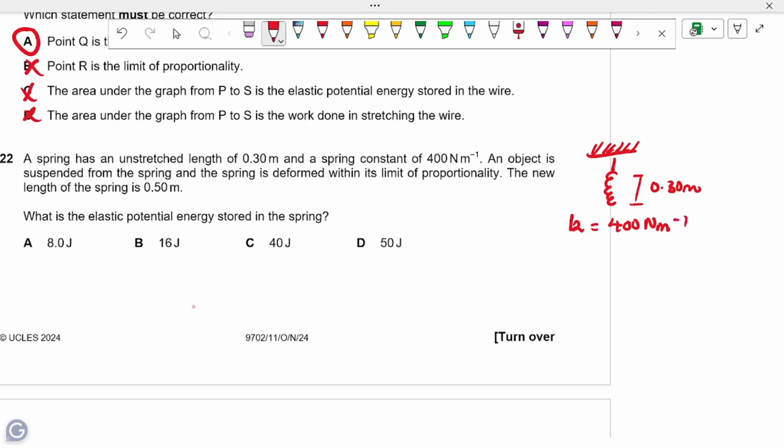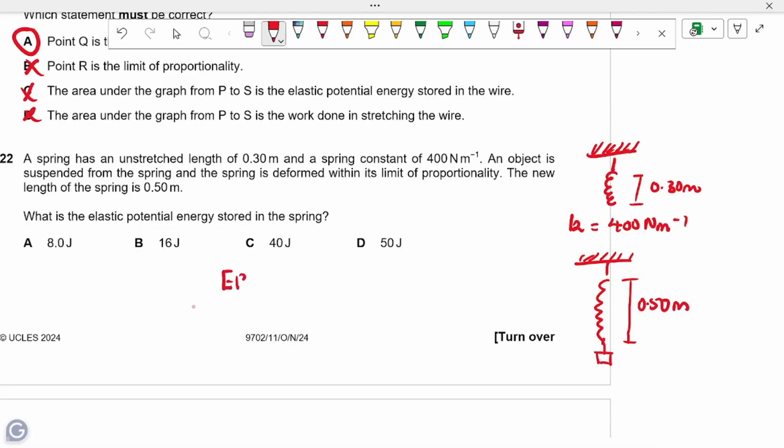An object is suspended from the spring, and the spring is deformed, but within its elastic limit, or within the limit of proportionality. So I suspend something here, then it deforms, and the new length will be 0.50 meters.